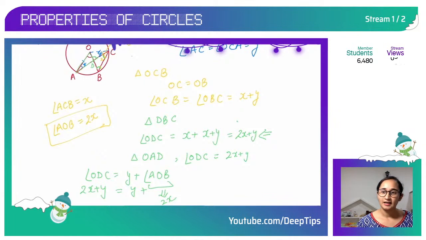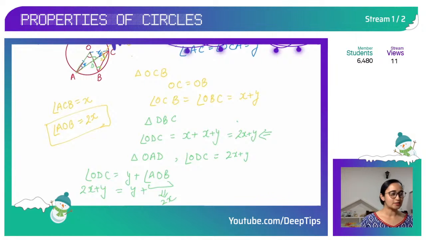So see, what did I use? I just used isosceles triangles, then the exterior angle property, and then I equated the equations to reach my center angle. So these are the two ways to prove that the angle subtended by an arc at the center of the circle is double the angle subtended by it at the circumference of the circle.